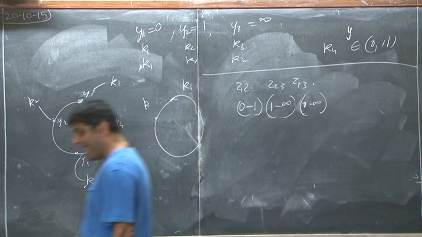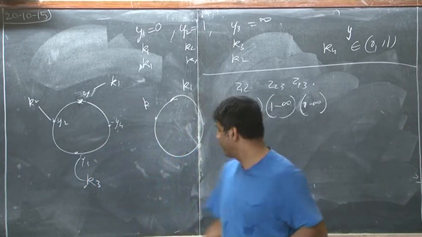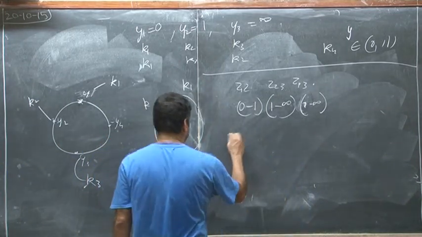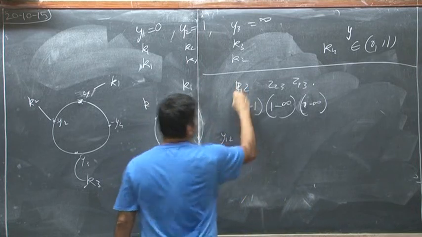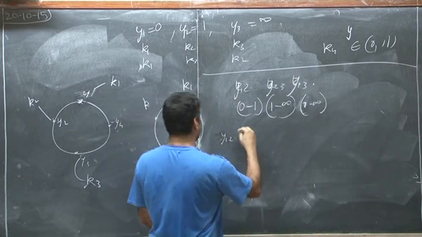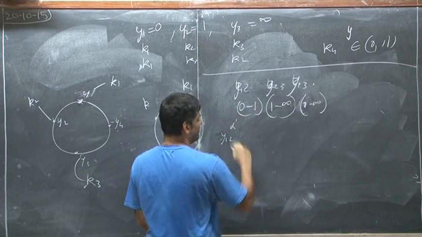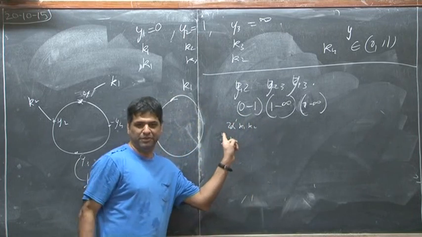Then, what did we have? You remember our formula, somebody will have to remind me of the factors of 2. We had the formula which was |y12| to the power 2 alpha prime K1 dot K2. Can somebody confirm the 2?